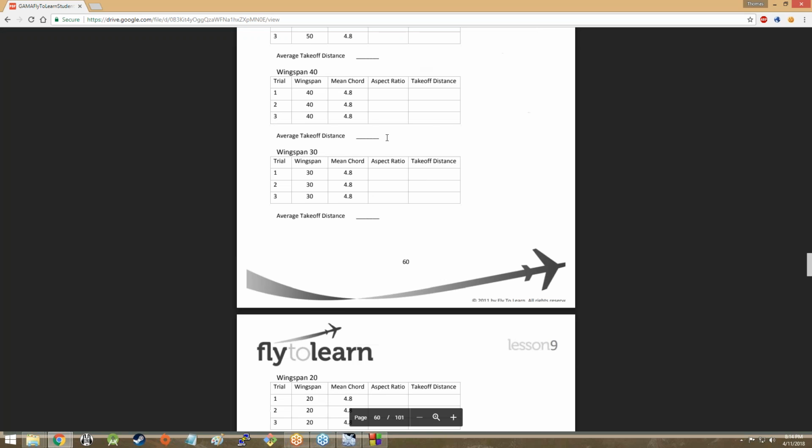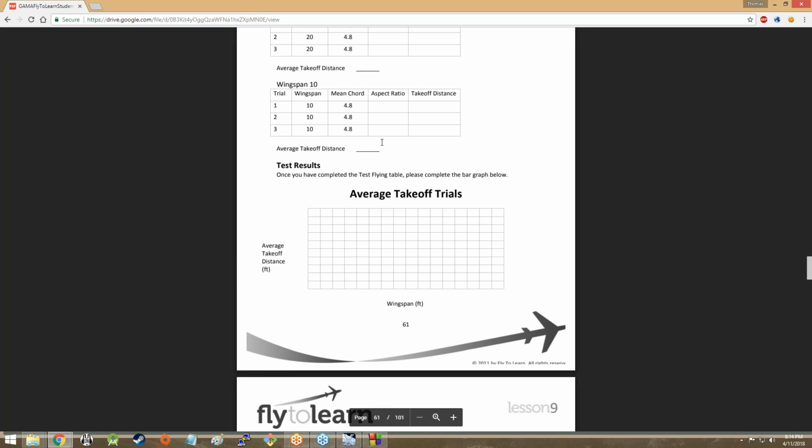We take a look at the average takeoff trials graph down here. So we've got average takeoff distance in feet and wingspan in feet.